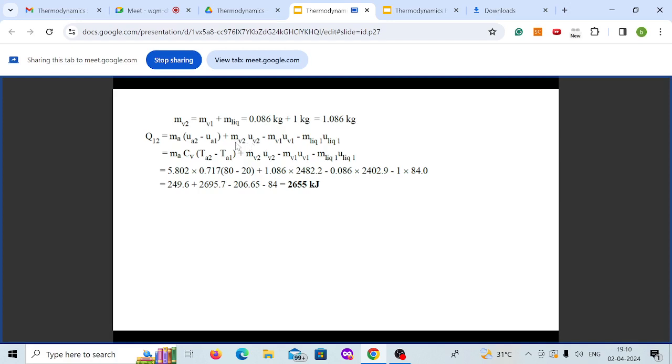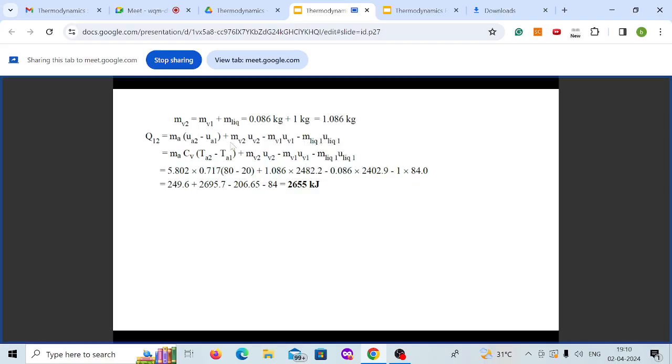So at state 2, your Mv2 Uv2 minus Mv1 Uv1. At state 2, the whole of the water is in vapor state, so you write Mv2 into Uv2. At state 1, it is in two parts: 1 kg is in liquid form, and the rest, 0.086 kg, is in vapor form. So Mv1 Uv1 minus M of liquid into U of liquid at state 1.